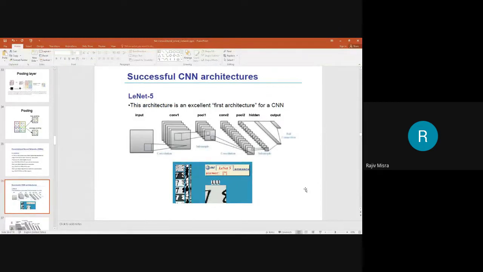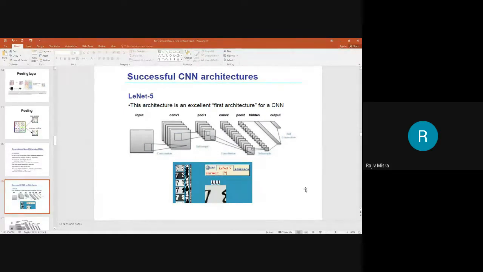Now we are going to discuss a special, classical convolutional neural network called LeNet. This architecture is an excellent first architecture for CNN, and LeNet was developed as a CNN to recognize handwritten digits.